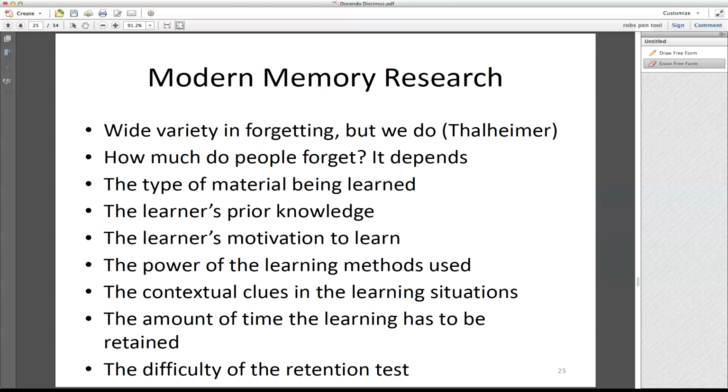It depends on the type of material being learned, the learner's prior knowledge, the learner's motivation to learn, power of the learning methods that are used, the contextual clues in the learning situations, and the amount of time that the learning has to be retained. And finally, the difficulty of the retention test, or the test of memory. So we don't have to go into this in much detail other than to recognize that modern research does show that we forget, but how much we forget depends on a lot of these factors.